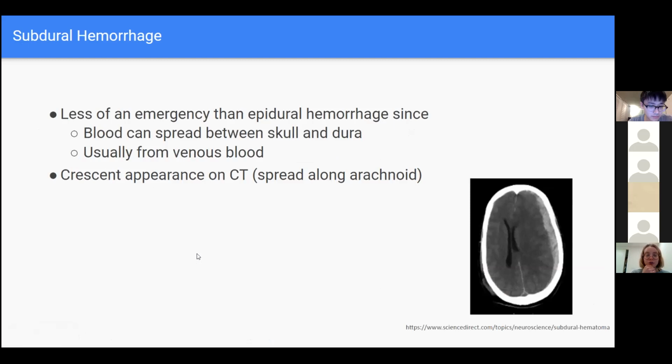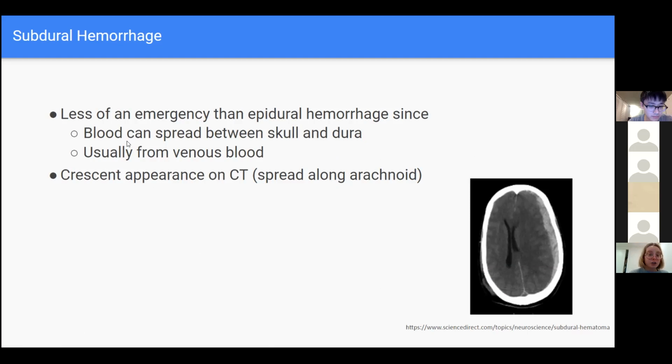Then we have the subdural hemorrhage, which is less of an emergency than epidural hemorrhage, since first of all, it usually comes from venous blood. So there is less rapid accumulation in the brain, so less rapidly increased pressure, which can lead to, as we know, very big problems.